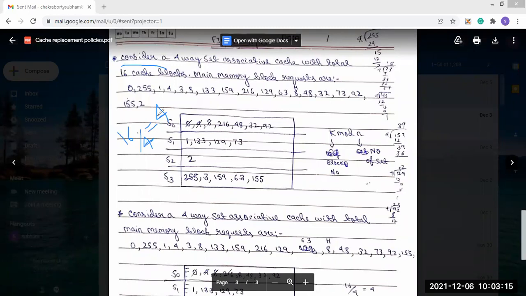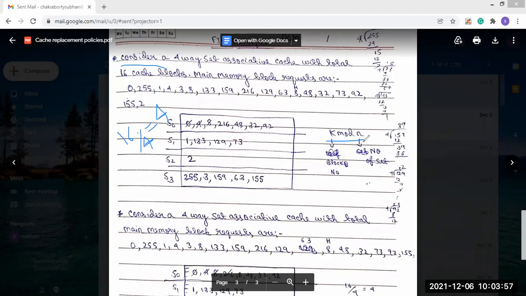Now here the main memory block requests are given. We know that in k-way set associative mapping, we use the k mod n formula to determine which set the memory block will go to. Here k is the block number and n is the number of sets. Depending on that, it determines which memory block goes to which set.